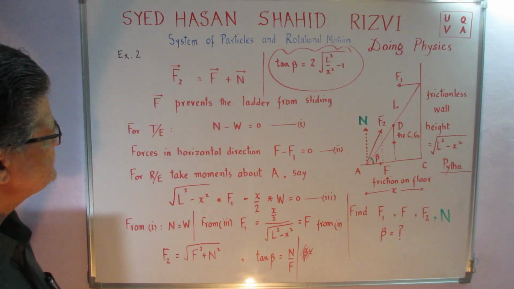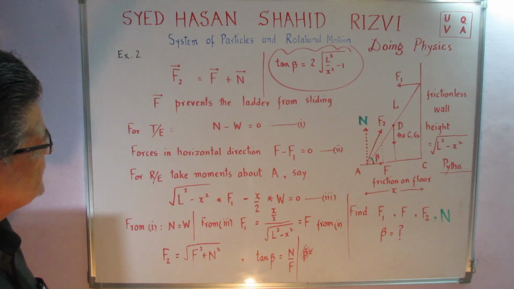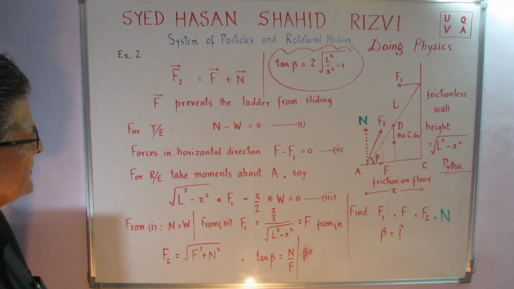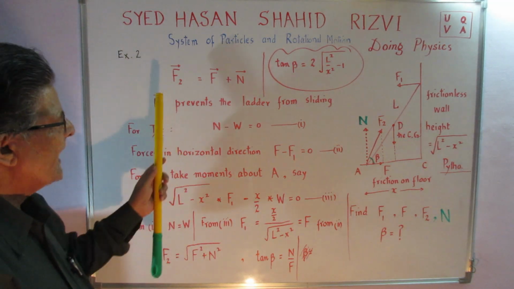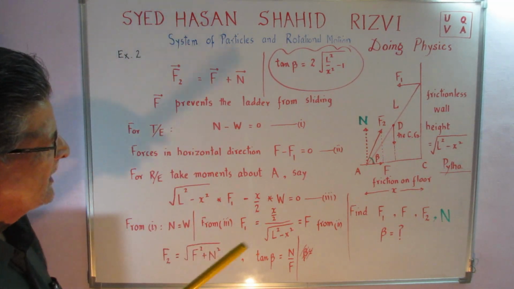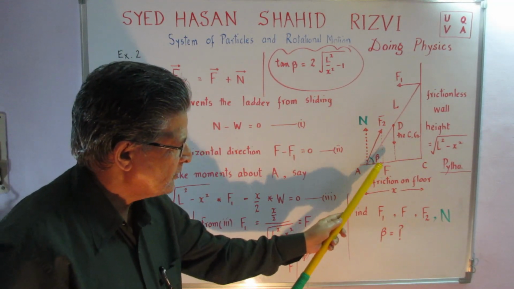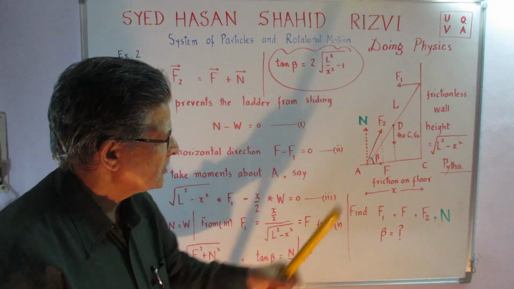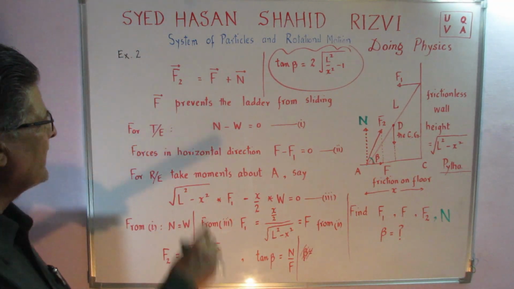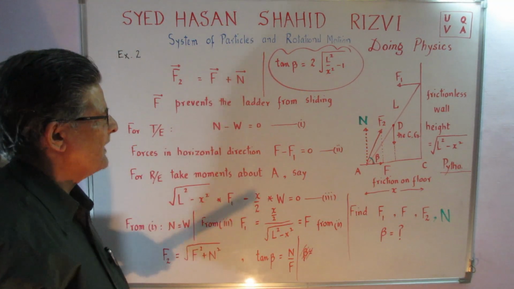So we start, and we first of all calculate that F2 will be equal to this force from here to here plus this force which is normal reaction. So I get F2 is equal to F plus Fn.